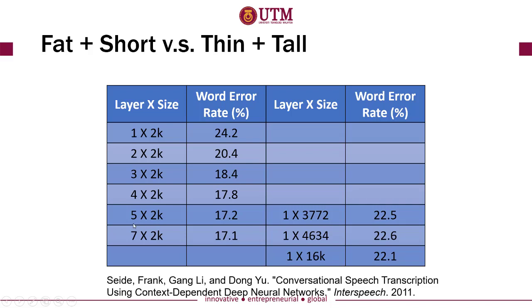If you set up a deep neural network, meaning you make more and more hidden layers, and you distribute those 14,000 neurons equally to each hidden layer, then you can get 17.1% error, and the total usage of neurons is only 14,000, which is less than this one. This one is 16,000, but you still get 22.1%.